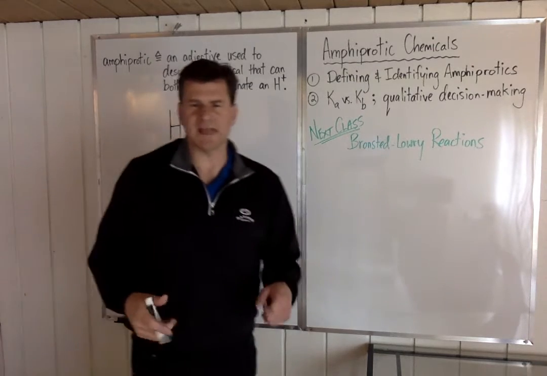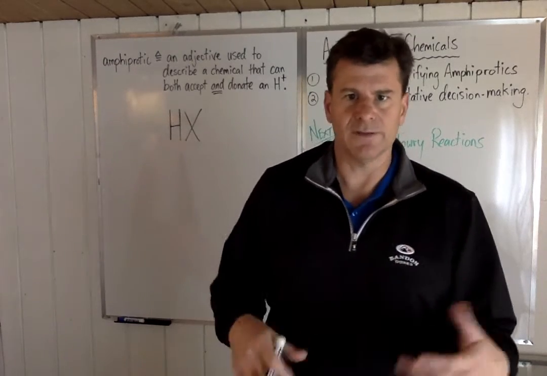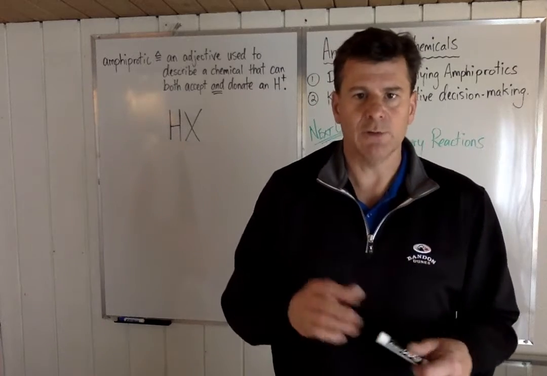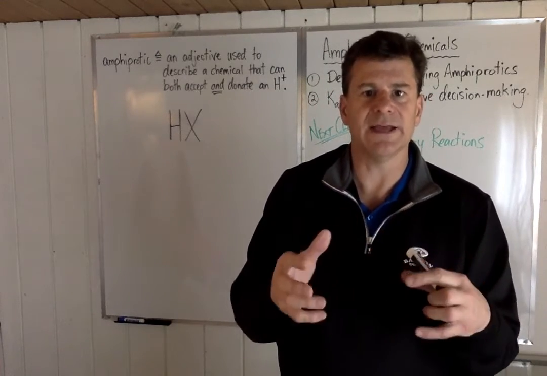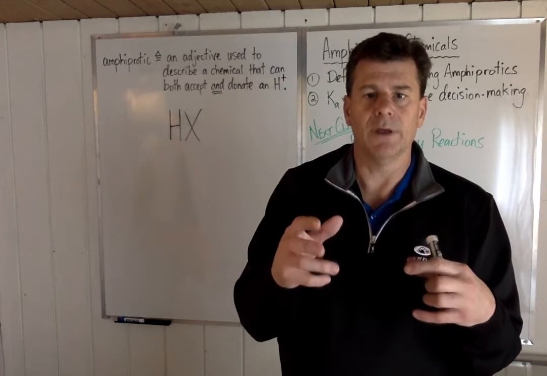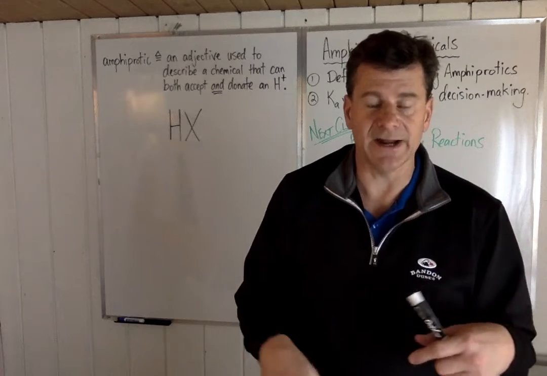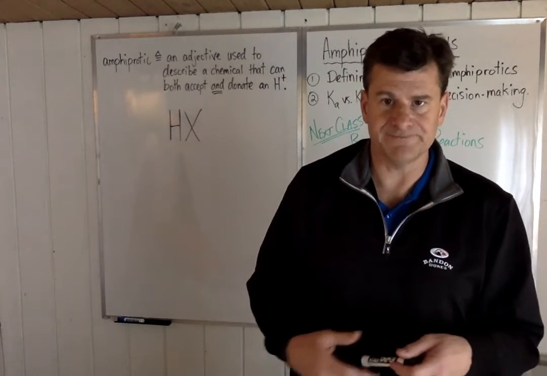And I'm going to use X for this little video instead of A, just because I don't want you to get confused with the A being acid. So HX. X will be some anion, and then H will be a hydrogen covalently bonded to it. I probably shouldn't even say it's an anion, but H is covalently bonded to whatever X is.